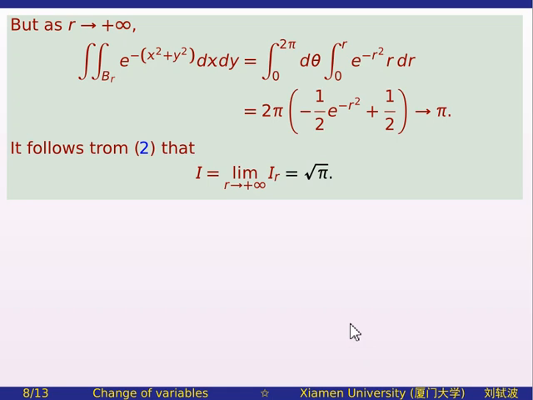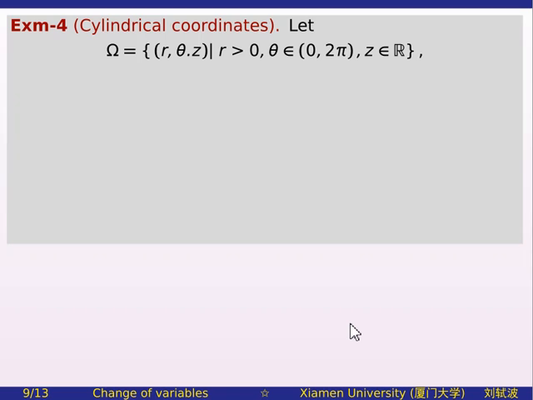Now we go to the next example. In this example we will consider cylindrical coordinates. Let omega be this domain in R theta z space. The coordinates are denoted by r, theta, and z. Here r is positive, theta is from the open interval 0 to pi, and z is free in the real numbers.